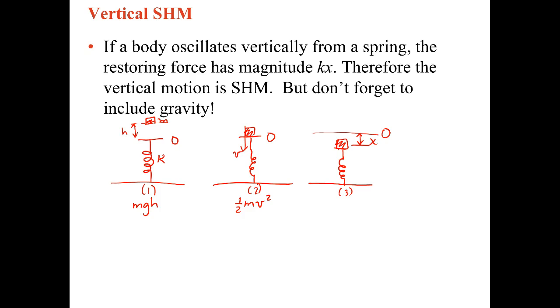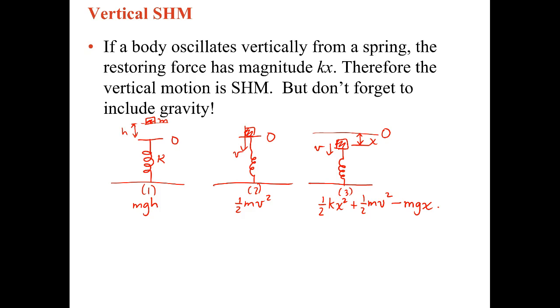But the energy at point 3 is 1/2 kx squared, because the spring is compressed, plus 1/2 mv squared, because it might still be moving downwards with the speed of v, minus mgx. So now it has a negative potential energy. And then you can compare any of these situations to each other.